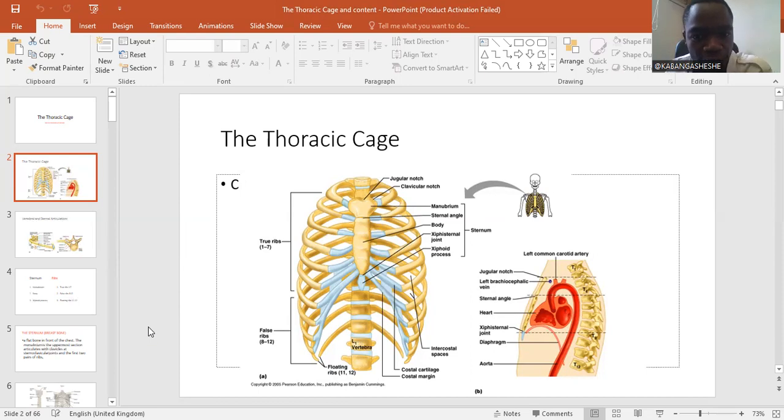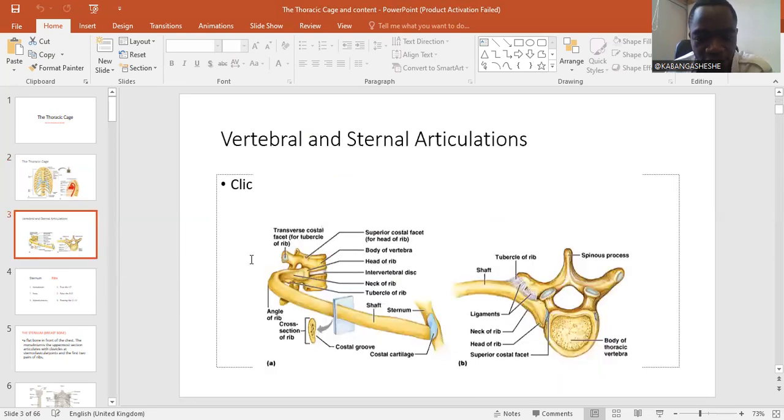So let's look at the two joints that we're going to find on the posterior and anterior aspect of the thoracic cage. Anteriorly, the ribs connect to the sternum. Not all of them, by the way. Some of them do not make connection with the sternum, and therefore they have no joint anteriorly to the sternum.